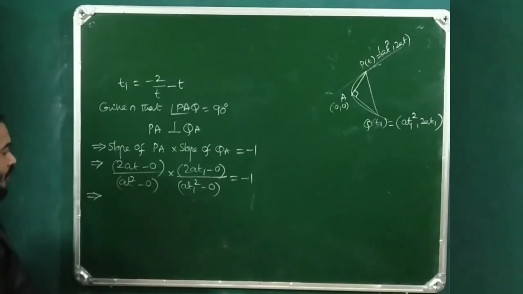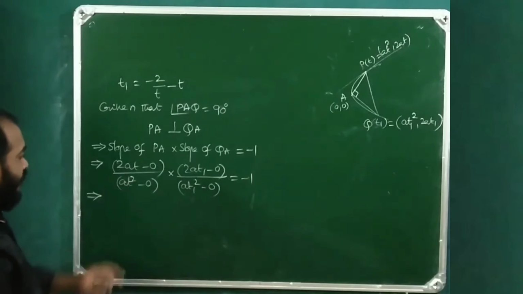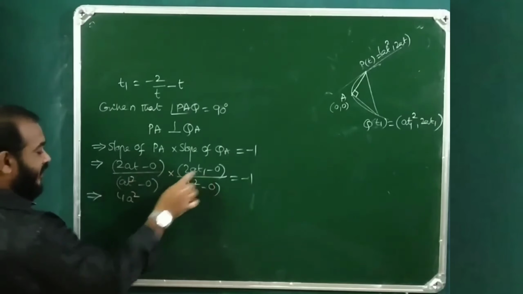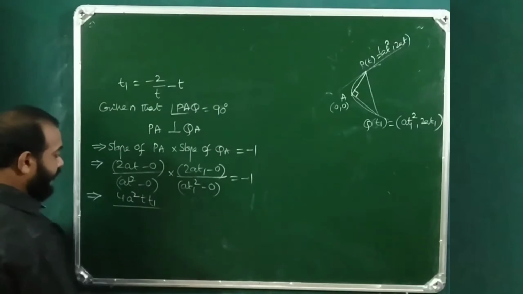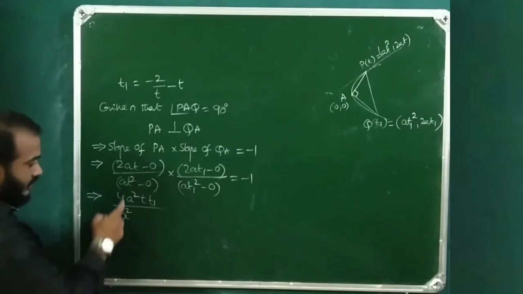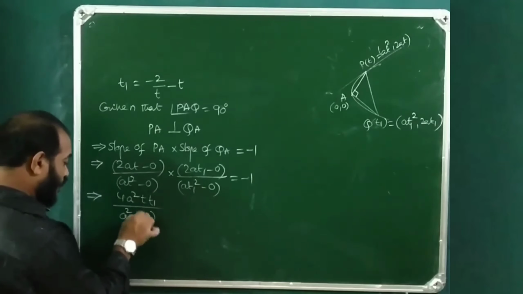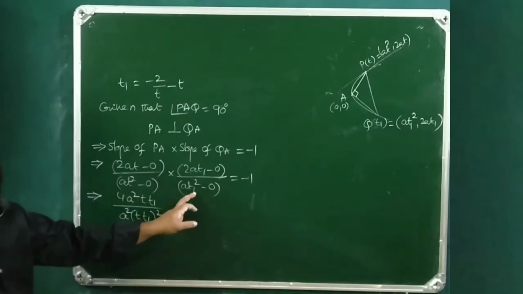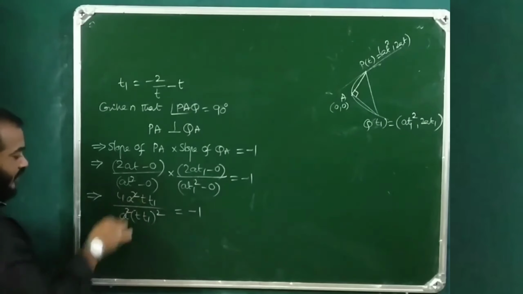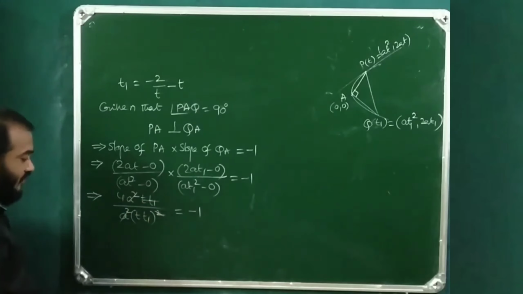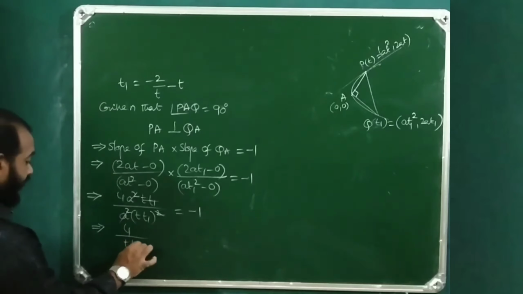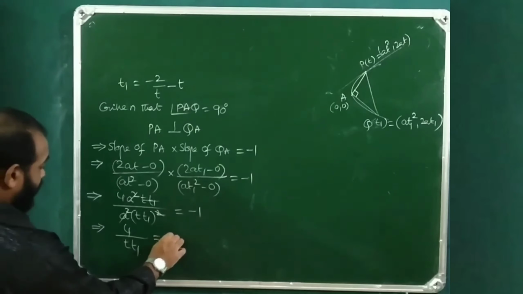So this is 2at into 2at1, 2 2s are 4a square tt1, by at square into at1 square, a square into t square t1 square, which is tt1 whole square, is equal to minus 1. So a square gets cancelled, tt1 is cancelled. So this is equal to 4 by tt1 equals minus 1.